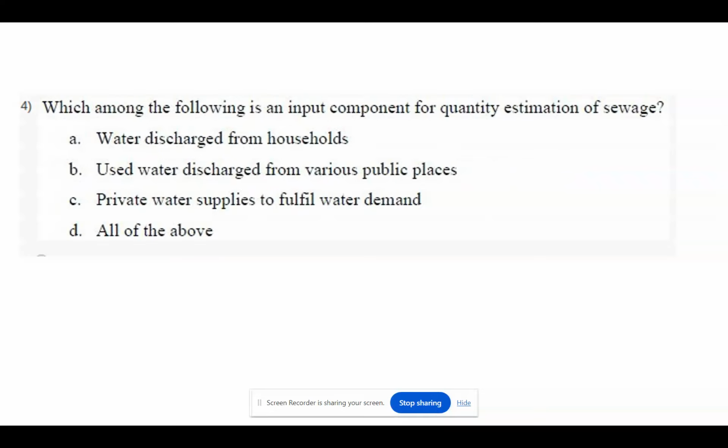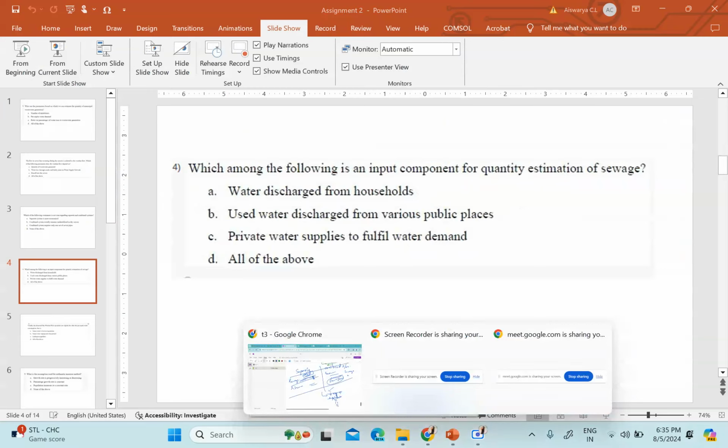How are we estimating the amount of sewage? What is the answer? Option D, all of the above. That's right. So when we estimate the sewage, all these things we have to consider. Then only can we estimate the amount of sewage water which is produced.